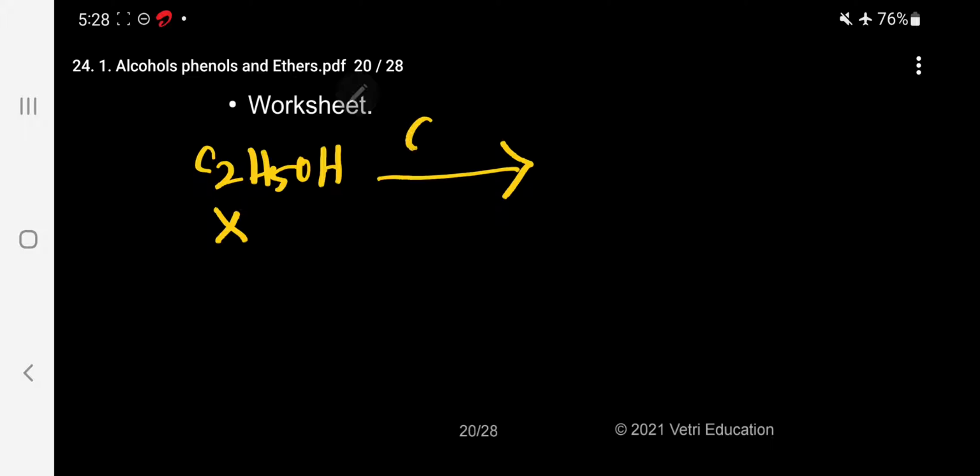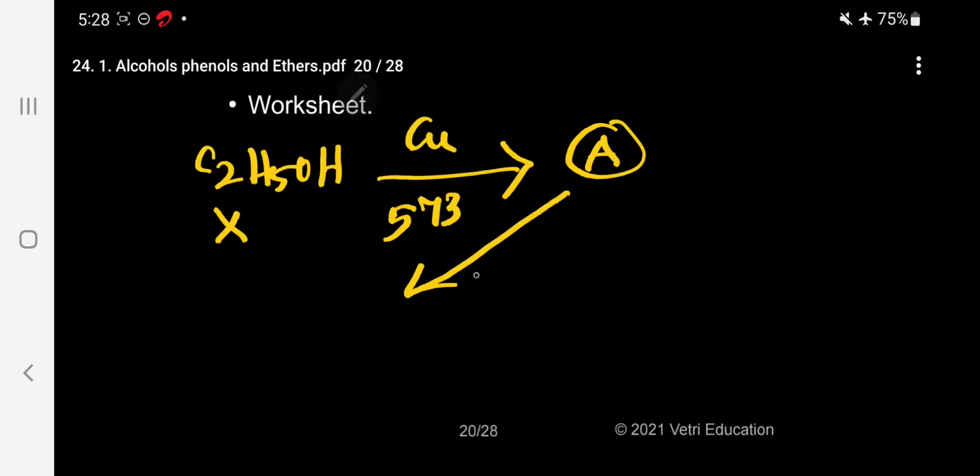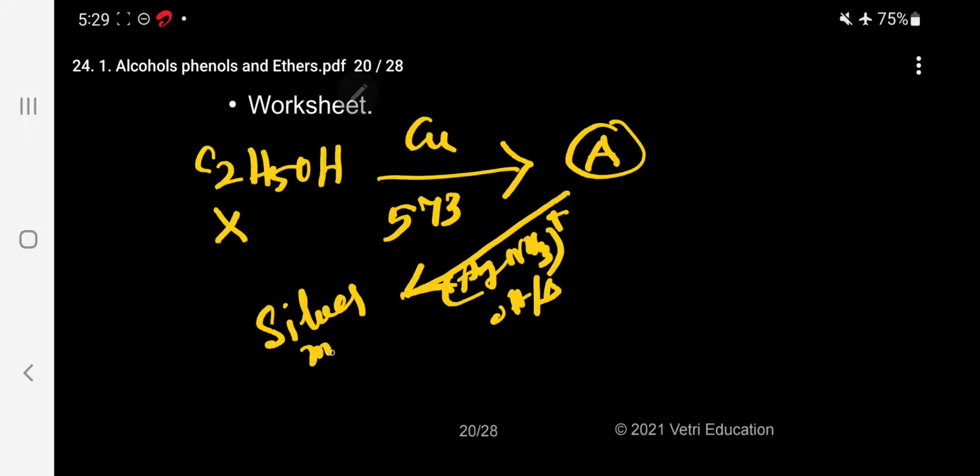When you treat it at the higher temperature of 573 Kelvin, the product formed is A. And when A is treated with Tollens reagent, silver ammonium plus and OH minus with heat, it produces a silver mirror.